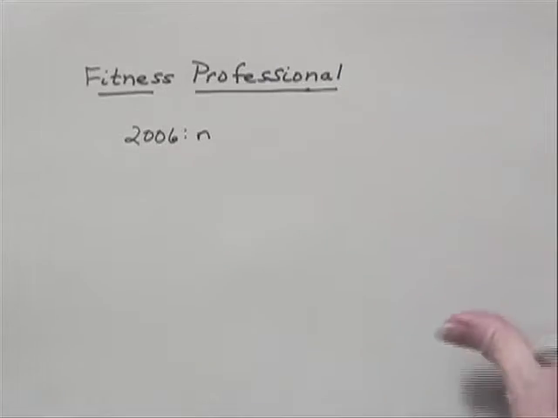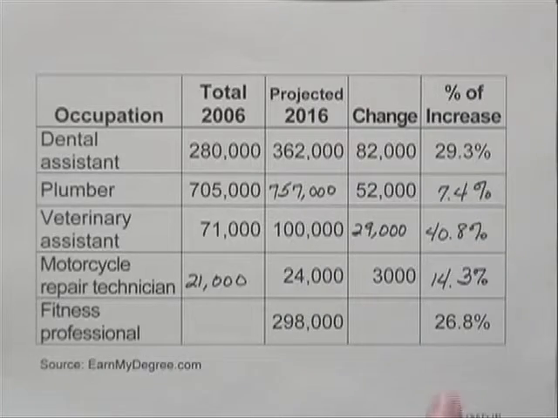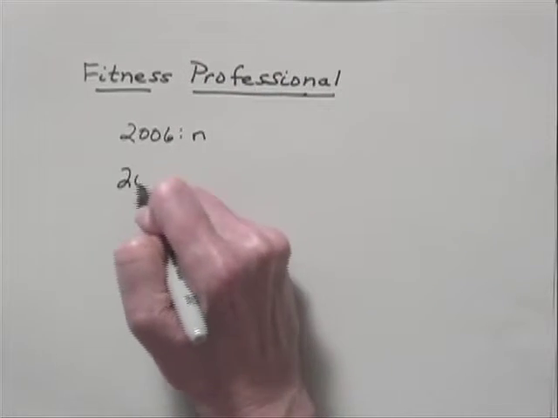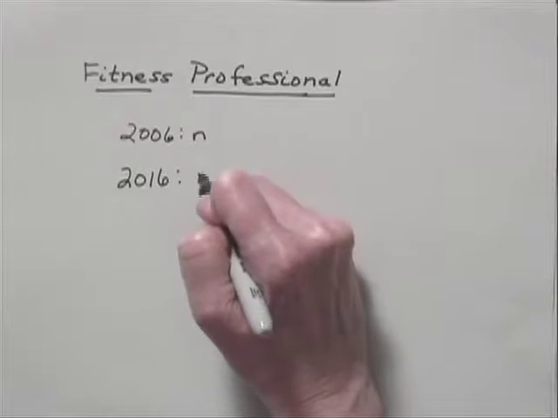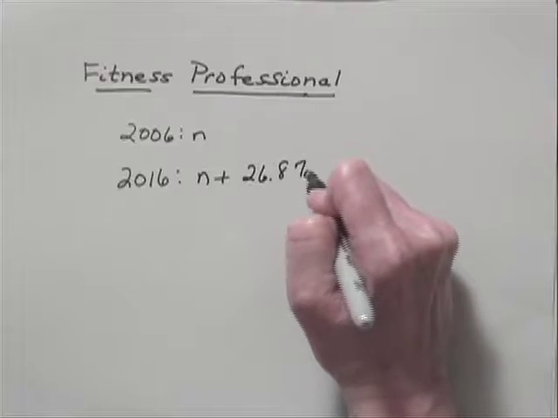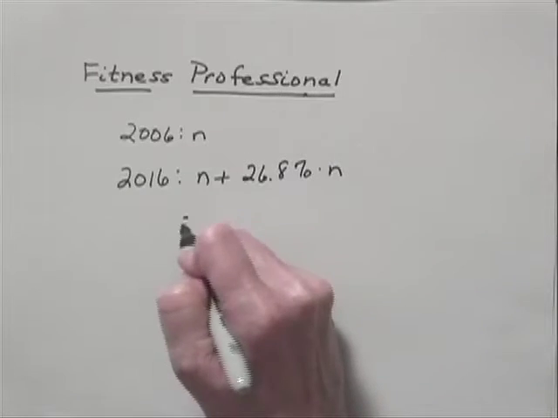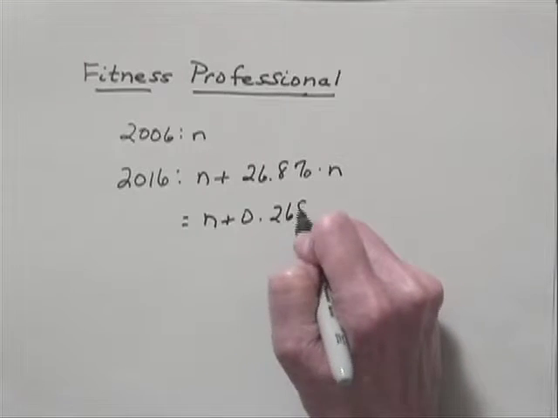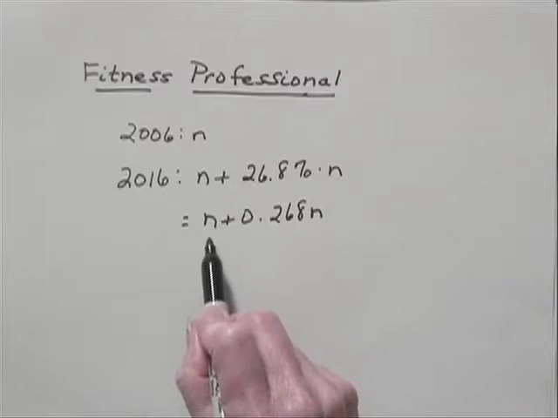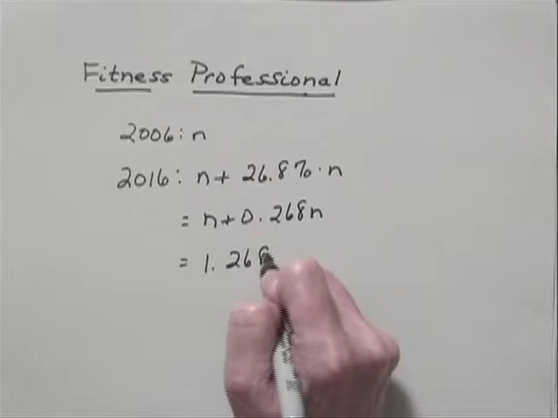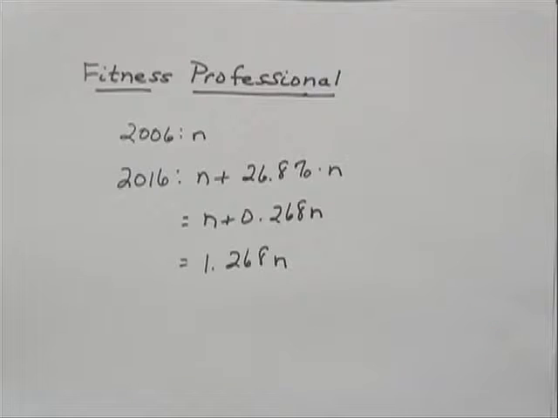Now, if the number of jobs increases by 26.8%, then the number of jobs in 2016 will be N plus 26.8% times N, or N plus, writing decimal notation, 0.268 N. This is 1 N plus 0.268 N, so I have 1.268 N for the number of jobs in 2016.